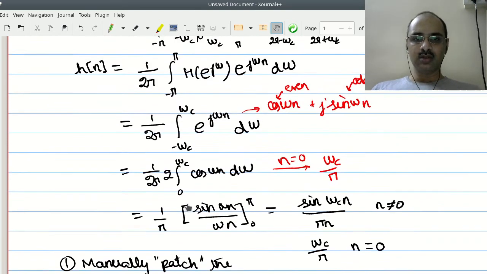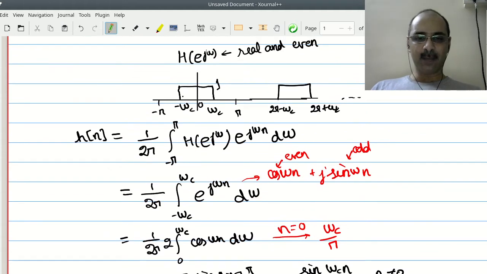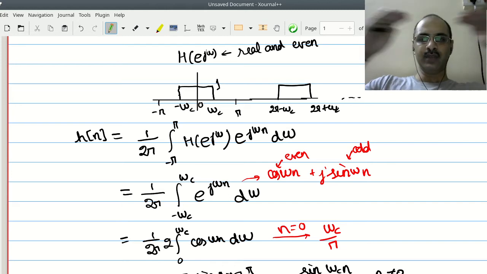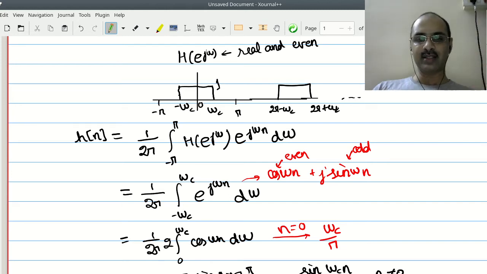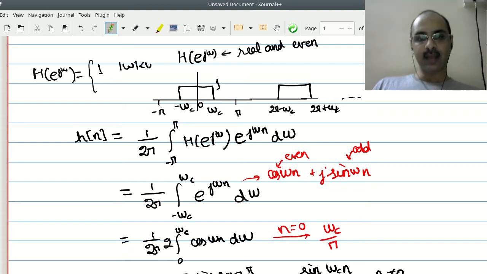Okay. So now if you notice, this ideal low pass filter looks to be very clean. It looks like it's 1 between minus omega c and omega c and 0 otherwise. Now in terms of the definition, there is a bit of an issue at omega c. So for example, one could define the ideal low pass filter to be 1 for mod omega less than omega c, 0 else.